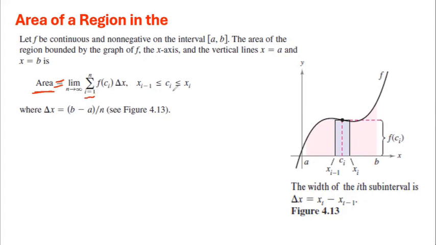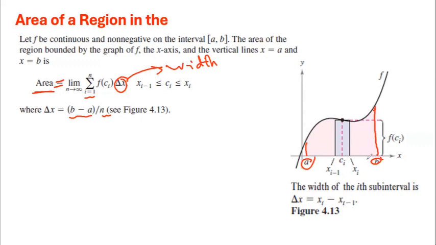Okay, so in this case, delta x will represent the width of the rectangle, and it will be (b minus a) over n. Here a and b represent the limits or the boundaries of the area that you're trying to find the value of.